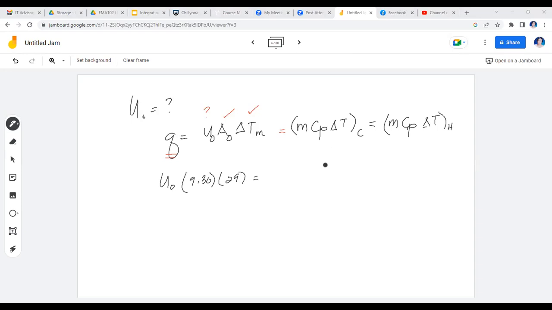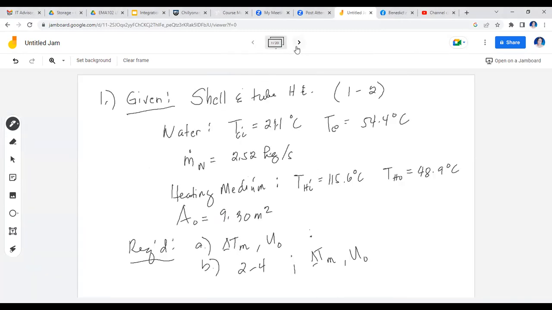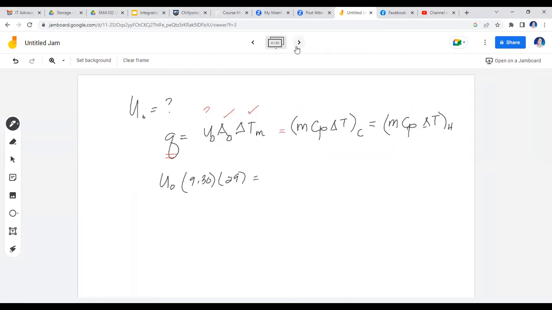The mass flow rate of the cold water given in the problem is 2.52. It's okay to use the CP of water, which is 4.187, and the delta T of the cold fluid.